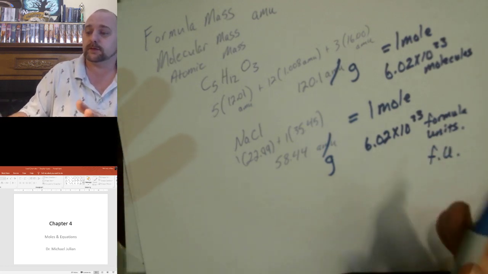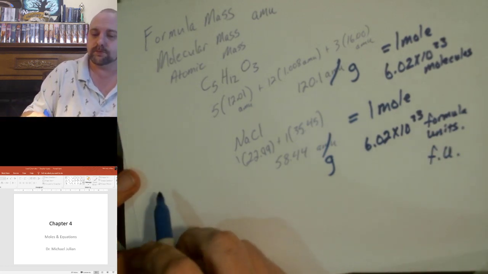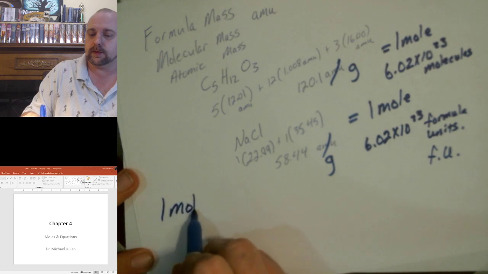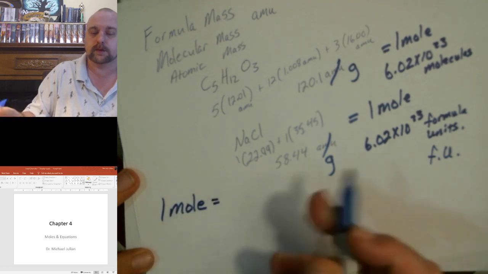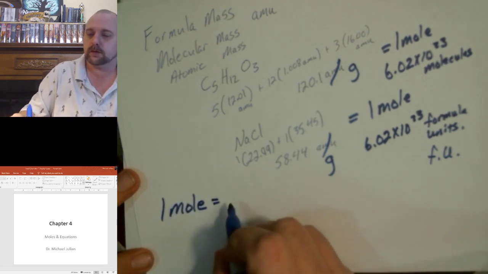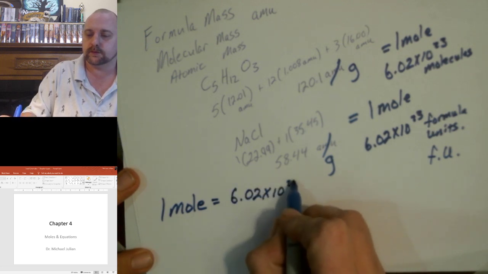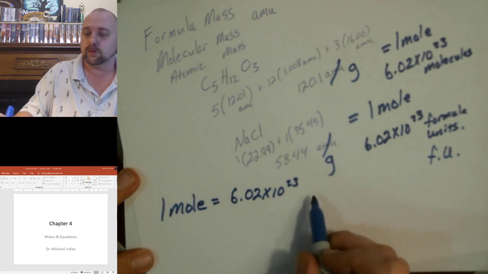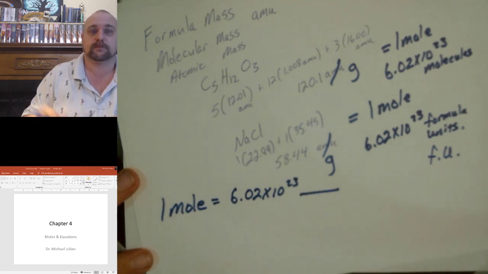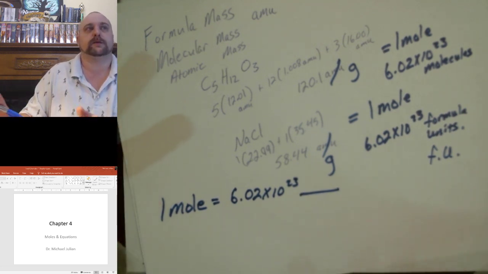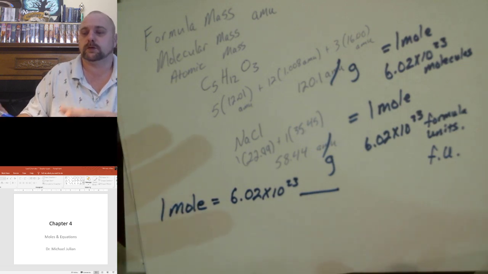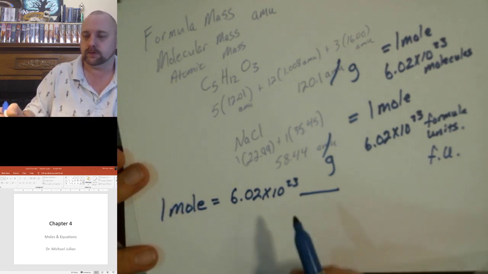And so we want to use this new idea of a mole. It's a nice, easy conversion. 1 mole of anything is 6.02 times 10 to the 23rd, whatever we're talking about. That sounds really difficult. This number is intimidating.